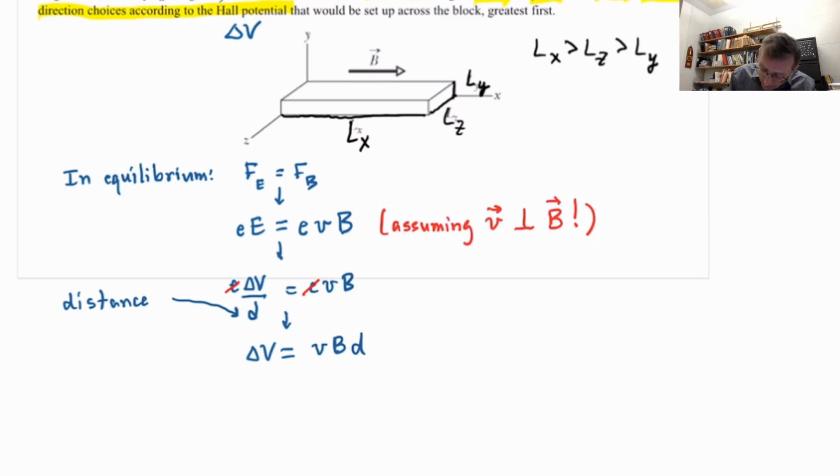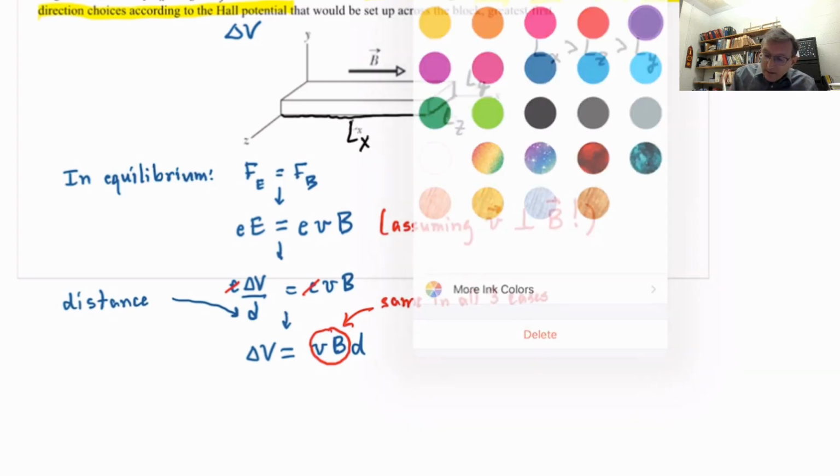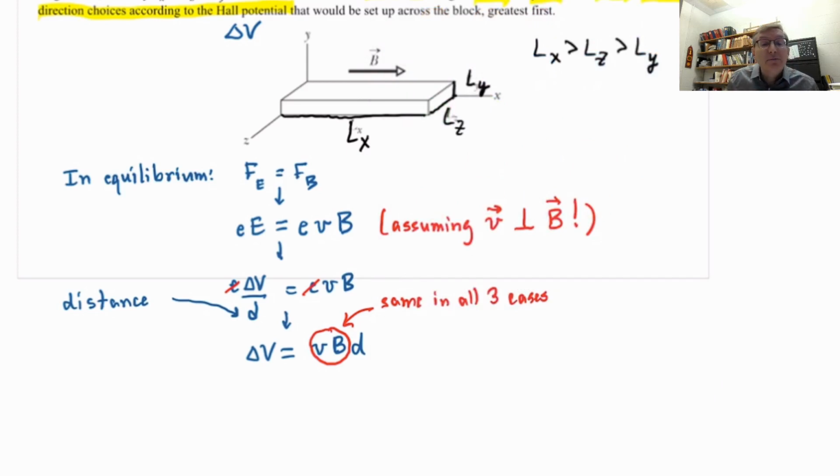Now here's an important thing to remember. This combination, the magnitude of V and the magnitude of B, that's going to be the same in all three cases that we're going to look at. Because we're always going to move the block at the same V, and it's always in the same magnetic field. So the key thing that is going to determine the potential difference, called the Hall potential difference or the Hall voltage, across the conductor is the appropriate distance that is involved.